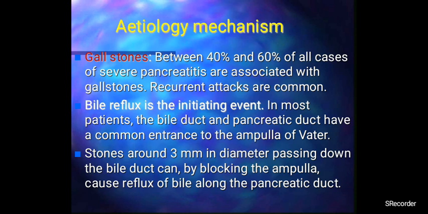Gallstones of about 3 millimeters in diameter are capable of blocking the ampulla of Vater, and in turn they will cause a reflux of bile back into the pancreatic tissue, and with that it will cause a destruction of the acini of the pancreas.